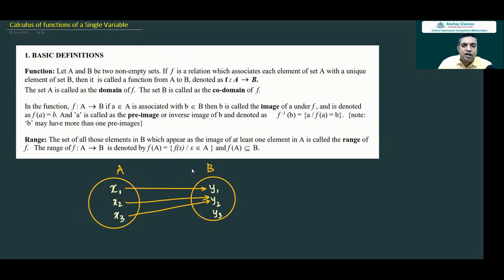So the first part is that F is a relation which associates each element of set A. This is the first part. Every element in set A must be included in the mapping. Second, it is associated with a unique element in set B.